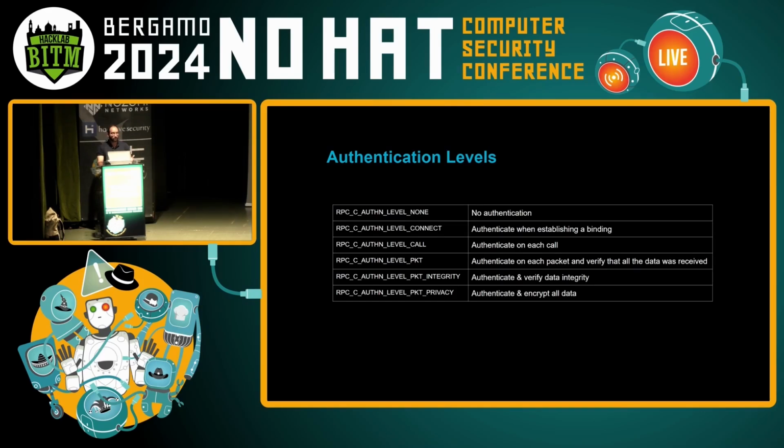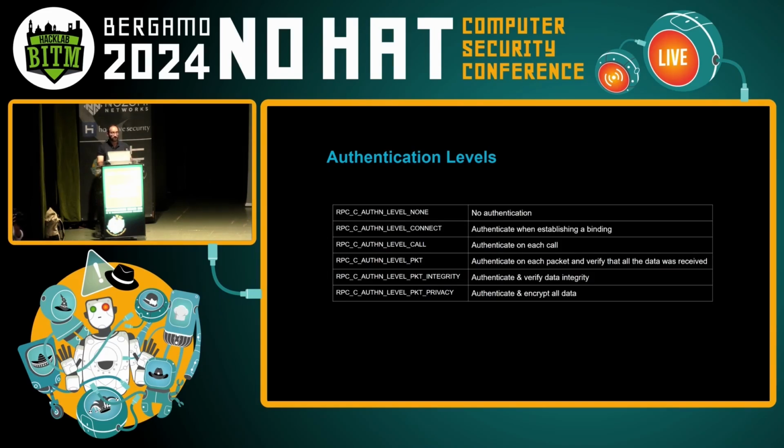Then we have the more interesting flags, which are packet integrity, which signs each and every packet with a secret made from the binding to make sure that there is no data tampering on the way. And lastly, we have packet privacy, which also signs the data, but also encrypts it.